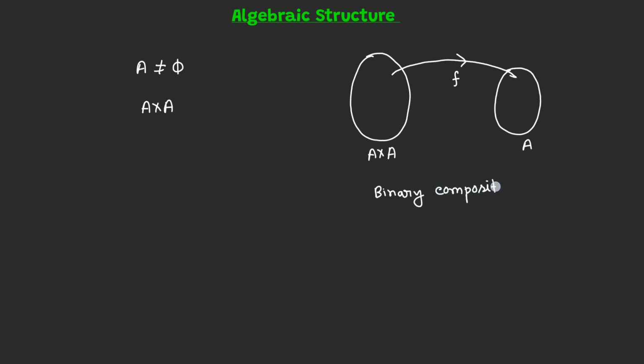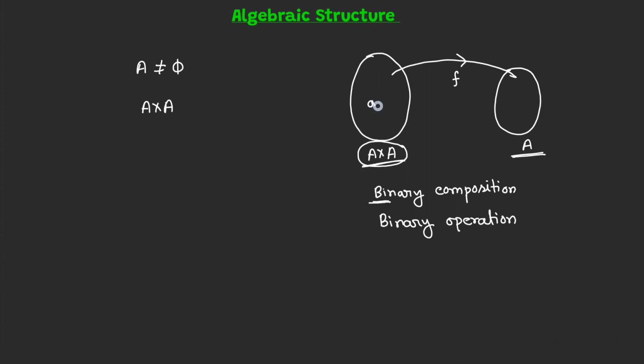This mapping is called binary composition, or it is also called binary operation. The word binary is used because the mapping is between the set A cross A and the set capital A, and the elements of A cross A are in ordered pair form.